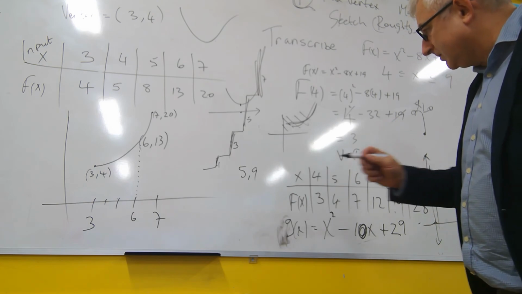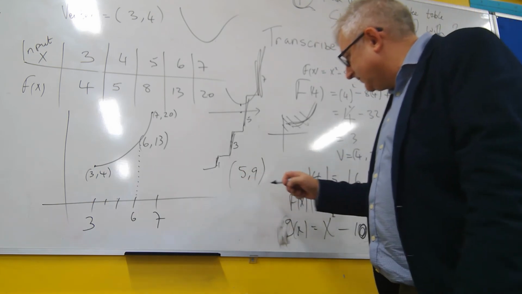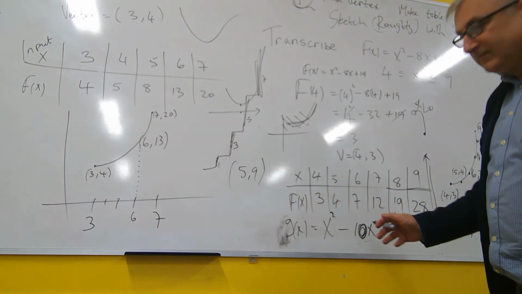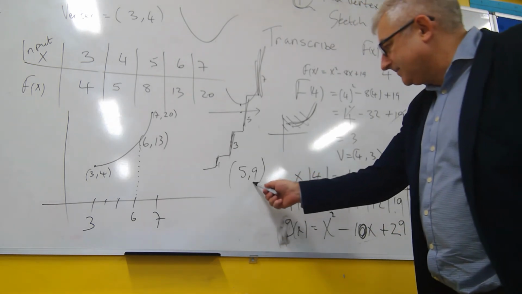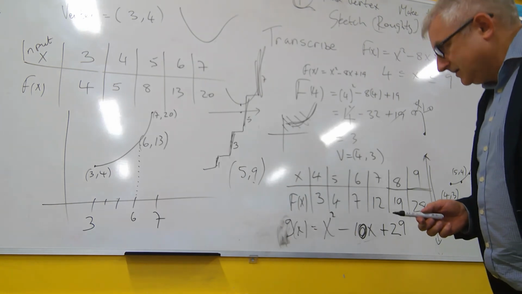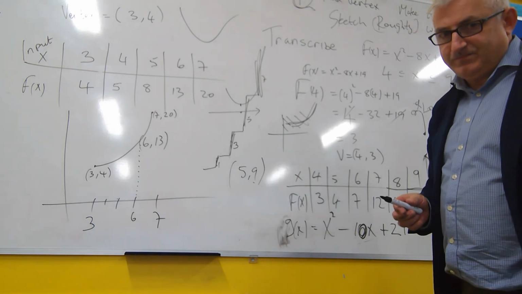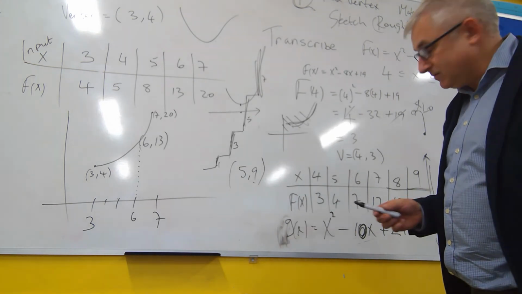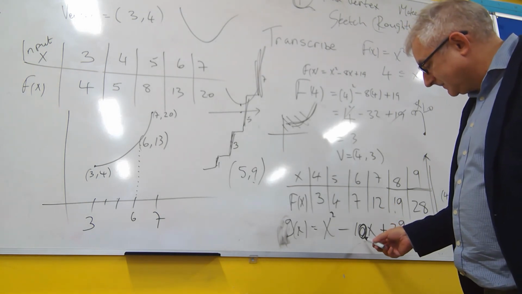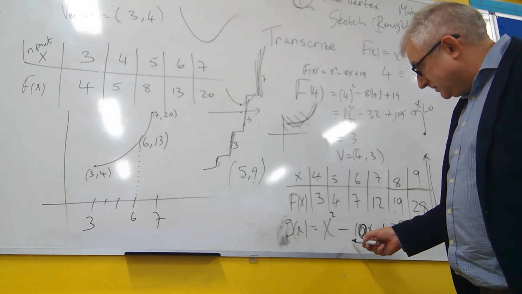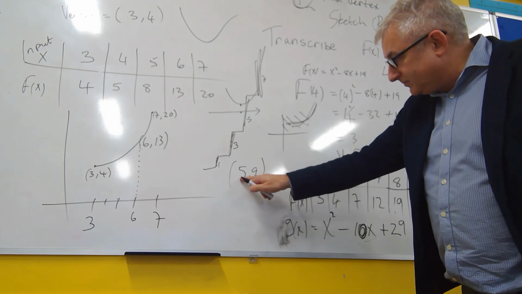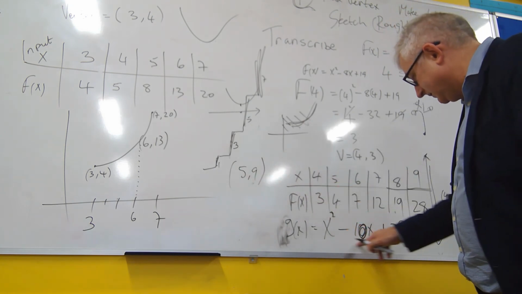I'm pausing because it does mean, if you follow what I did there, there's a very quick way of getting to 9. You have to mathematically think along with me here now. To get that second value, you don't have to put 5 into this.